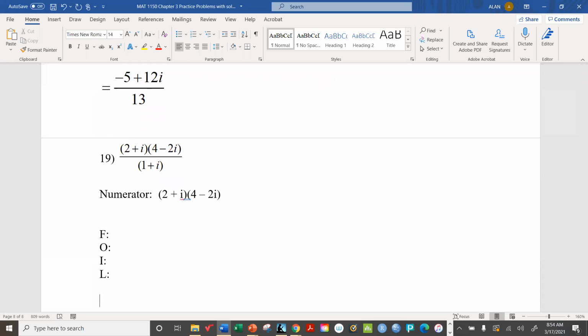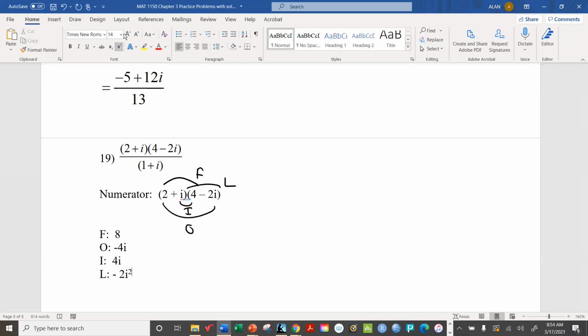All right, so once again, here's F, here's O, here's I, here's L. And so let's try this. F is 8, O is negative 4i. Oops. I is positive 4i. And finally, we have minus 2i squared.